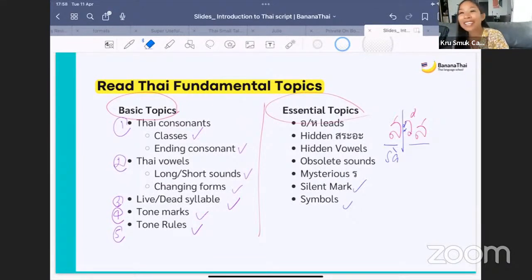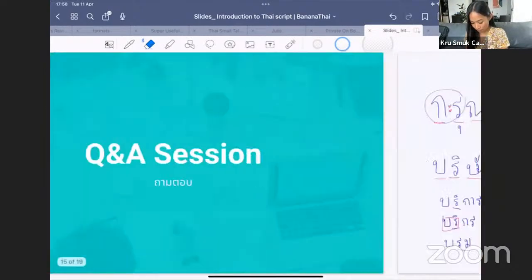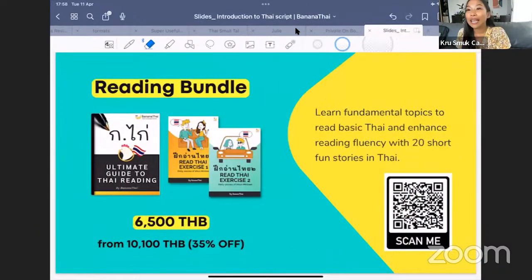Yes, I have a very basic question. If I book the fundamental course for reading, is it a group lesson or is it a self-learning course? How is it done? So basically, this program that I'm going to explain to you later as a bonus, this Ultimate Thai Reading is a foundation course, and this one is a practice.